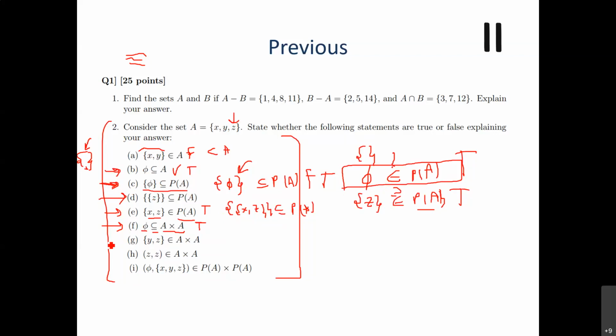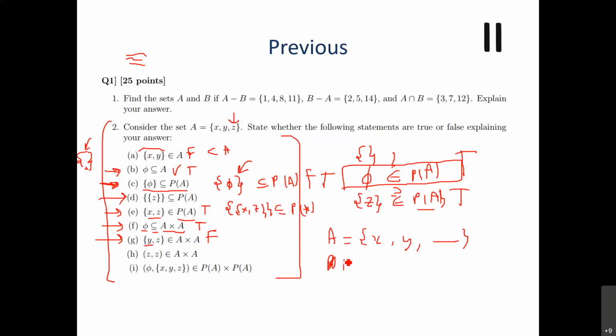Okay, so we still have 3 more parts. G: Y and Z, do they belong to A cross A? No. Because first of all, A cross A is made up of elements. What are the elements of A cross A? They're couples. A is just made up of elements, X, Y, and so on.